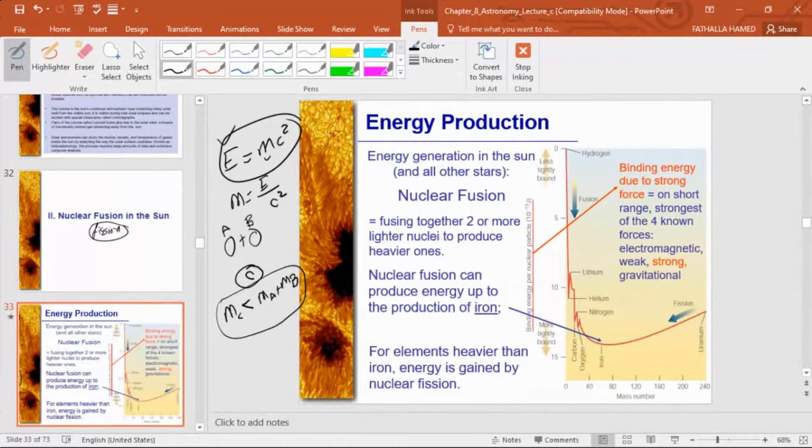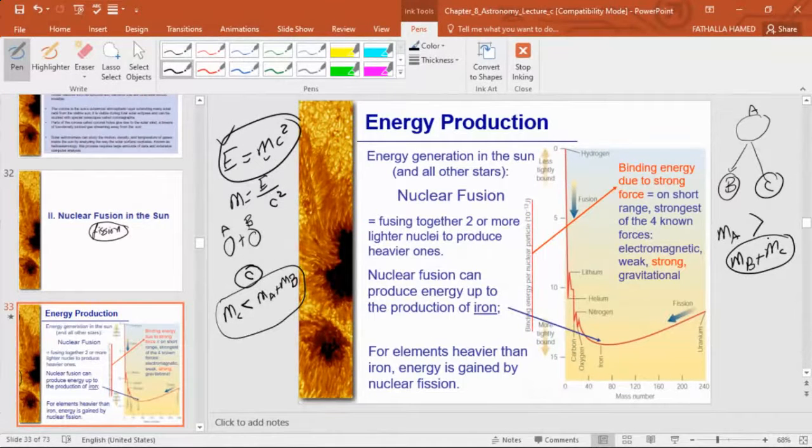In the case of fission, if you take an atom, let's say A, and then you split this atom, you will have B and you will have C. The mass of A is going to be greater than the mass of B plus the mass of C. So I lost some mass in the process. And this mass, of course, will go as E equals mc squared.